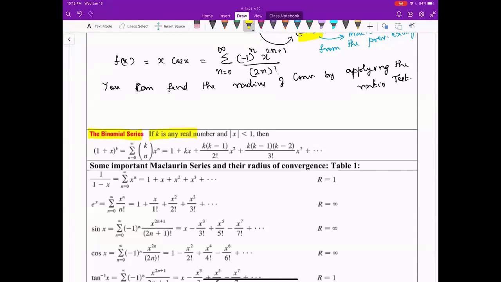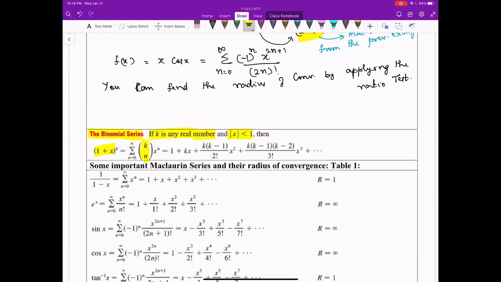If k is any real number and absolute x is less than 1, then 1 plus x to the power k is sigma. We will get to this notation in a bit. It is the Maclaurin series representation, by the way. It is 1 plus kx plus k times k minus 1 over factorial 2 x squared, k times k minus 1 times k minus 2 over factorial 3 x cubed, and so on.